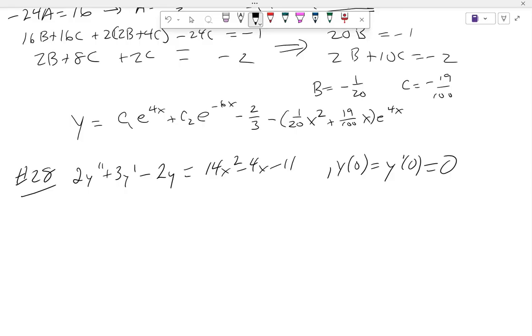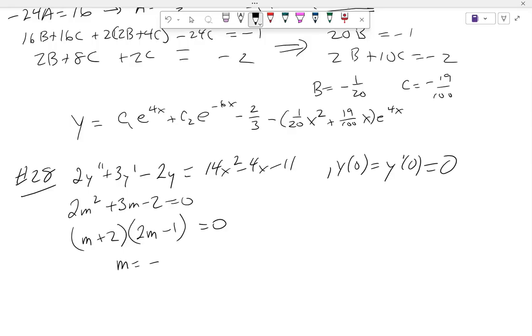First step. Good. Yeah, characteristic equation, which is what? Good. How does that factor? Good. Agree.